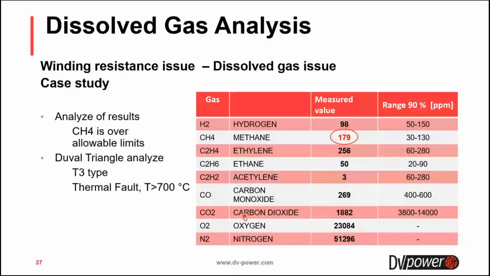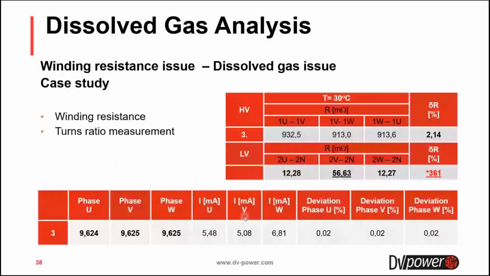But after winding resistance measurement on the high voltage side, everything seems normal. Deviation was 2.14, but on the low voltage side of the transformer, deviation was 360% on phase B. Turns ratio measurement didn't show any problems with the windings.